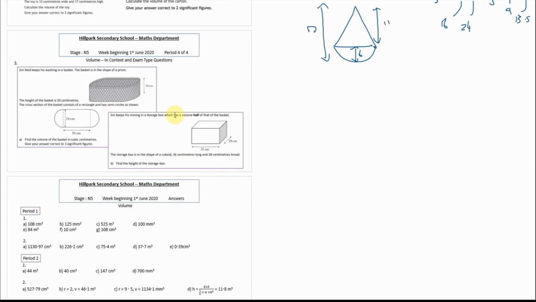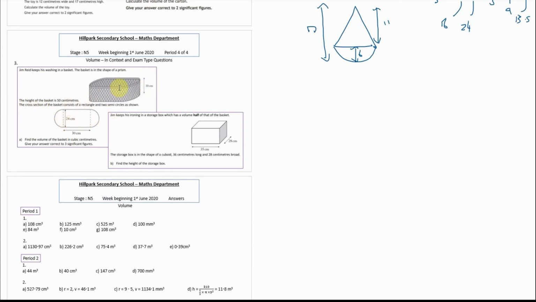Very last one. Yeah, let's go for that. So we'll just do B first because B is actually quite straightforward, I think. So Jim keeps his iron in a storage box, and he has the volume half the volume of the basket. Actually, never mind, we'll start there. So there's the basket. Height is 50, and the cross section's got 2 semicircles.